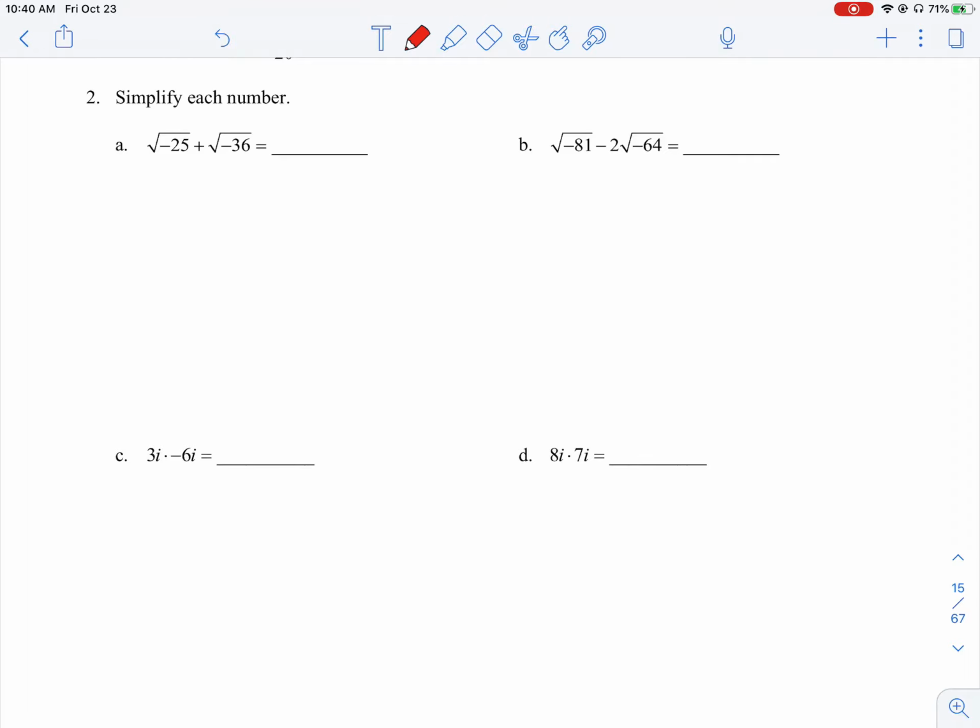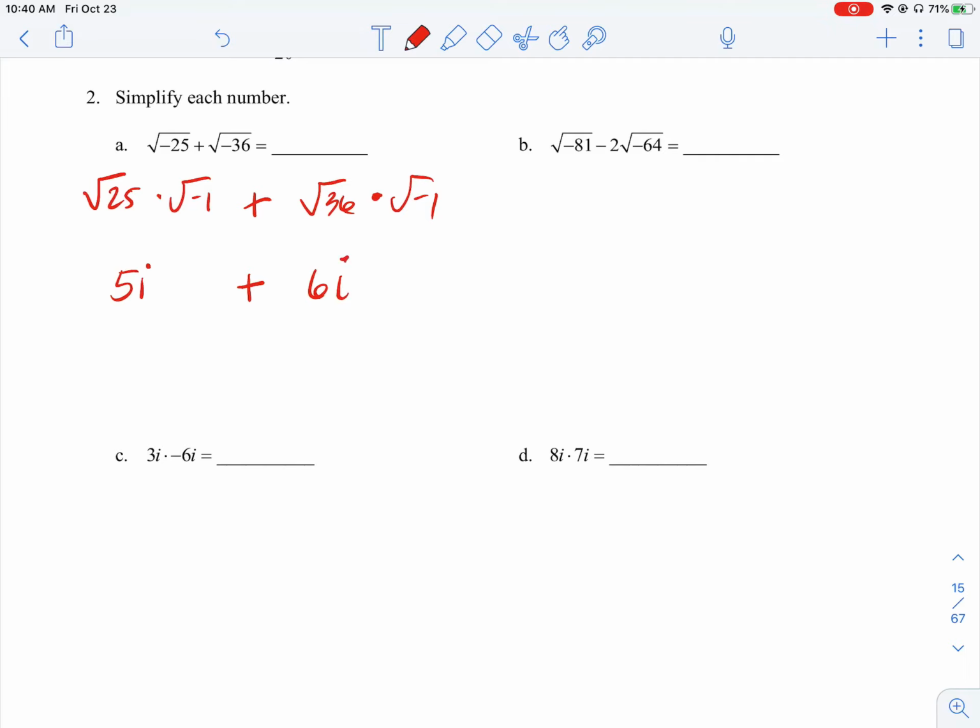For now, let's put that in super detail. Square root of 36, square root of negative 1. So the square root of 25 is a perfect square, so that's a 5i, plus 6i.